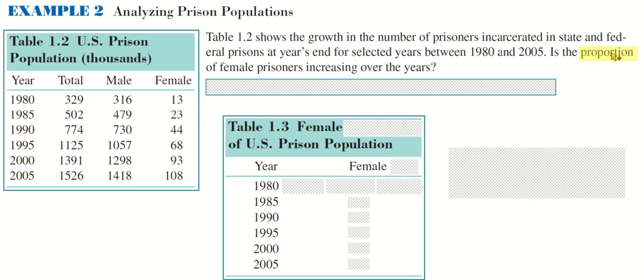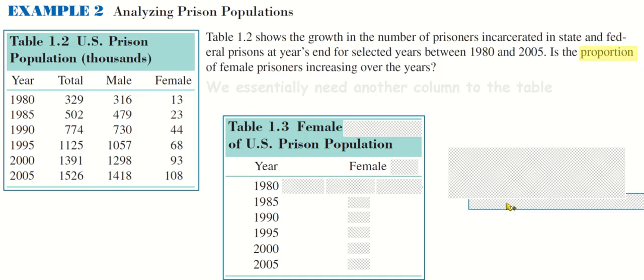And okay, so here's the question. Is the proportion of female prisoners increasing? Obviously, the number is increasing, but is that the same as is the proportion of female prisoners increasing? Well, that basically means the percentage.